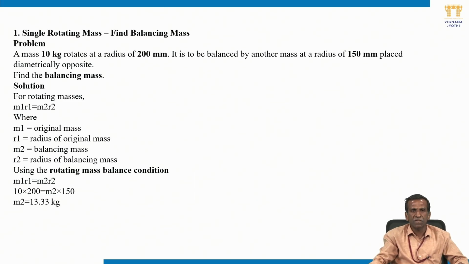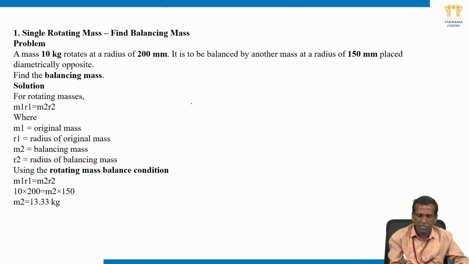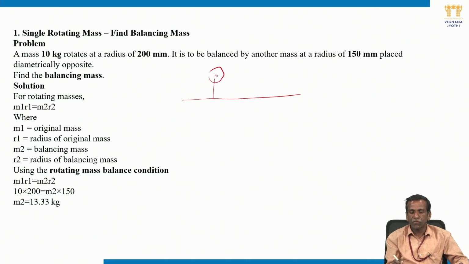So let us take a simple problem on how we can solve when a single mass is rotating in a plane. In this problem, a shaft carries a single unbalanced mass. Then how do we make it balanced?